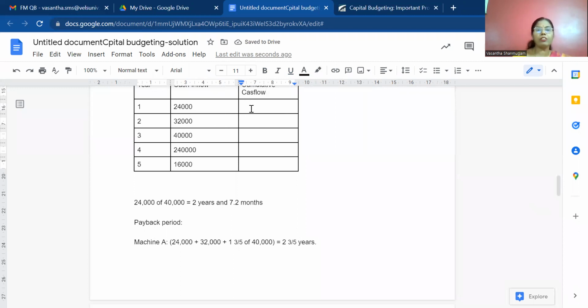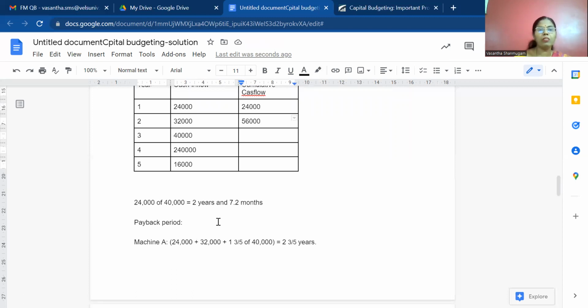First year 24,000, so cumulative is 24,000. Then 24,000 plus 32,000 gives 56,000.